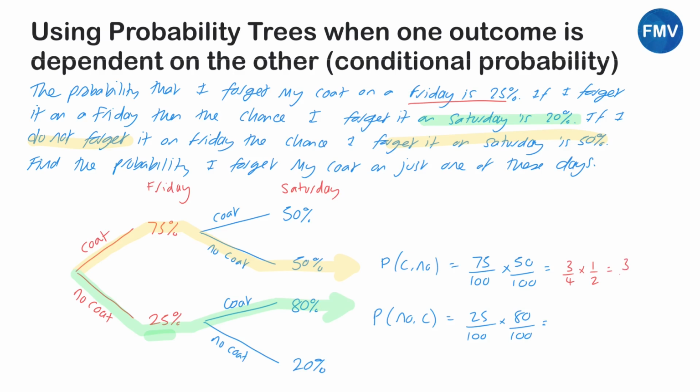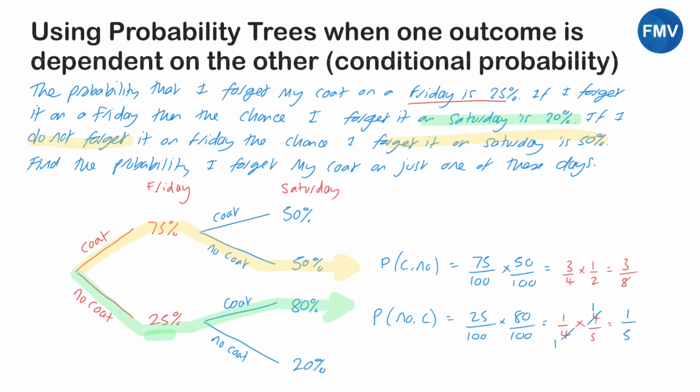Well, 1 times 3 is 3, 2 times 4 is 8. And the next one I would have gone 1/4, multiplied by 4/5. 1 times 4 is 4, 4 times 5 is 20. And if you look at the 4/5 one, you should notice that actually you can cross cancel. So 4 goes in there once and 4 goes in there once. So 1 times 1 is 1 and 1 times 5 is 5.